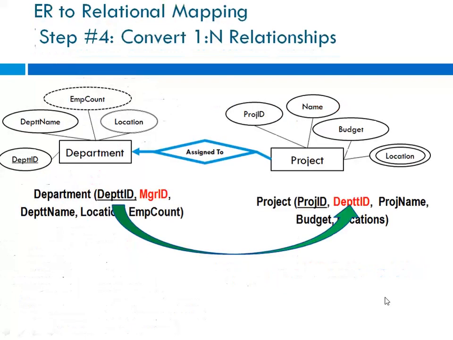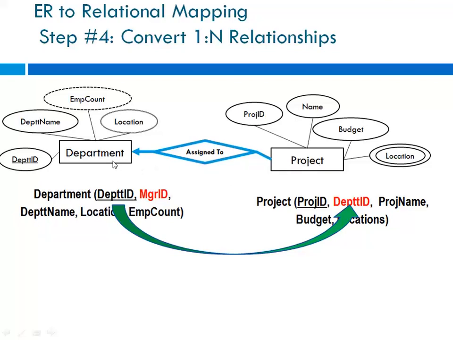Next is the relationship between department and projects. Earlier I discussed that one department can have multiple projects. So here the project side, as you see from this line, is without an arrow, so that means multiple projects, and this particular line is with an arrow, that means one department. So one department can have multiple projects, so it is a 1 to n relationship.